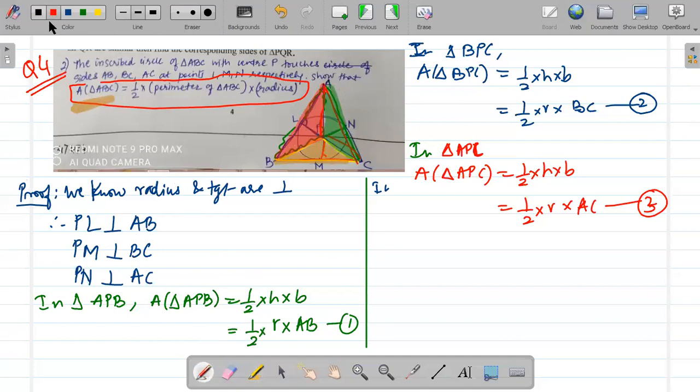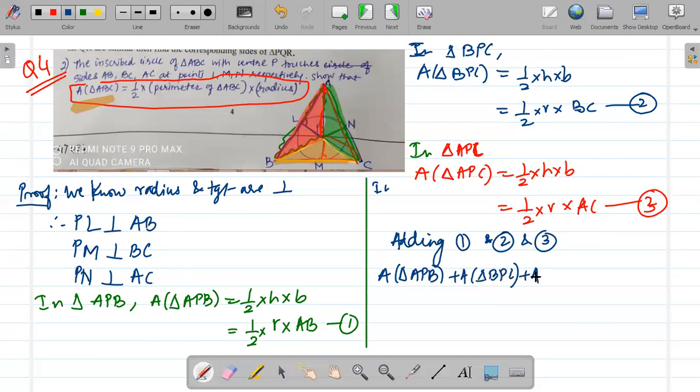So by adding equations 1, 2 and 3, we get the area of triangle APB plus the area of triangle BPC plus the area of triangle APC. We see that half is common in all 3 of them, and R is common in all 3 of them. So half times R, which is common to all of them, will be written only once.